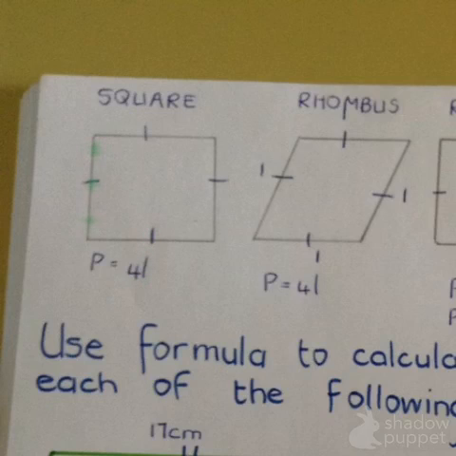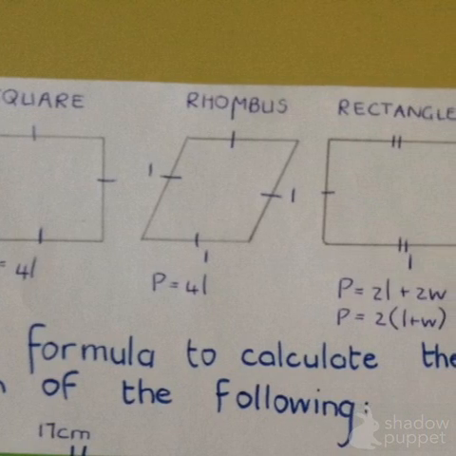One length is obviously the same, and you multiply it by 4, and that gives you the perimeter of the square. Now, the rhombus is exactly the same as a square, except that it's a bit skewed. But it's all the same sides as well, so that will also be 4L.